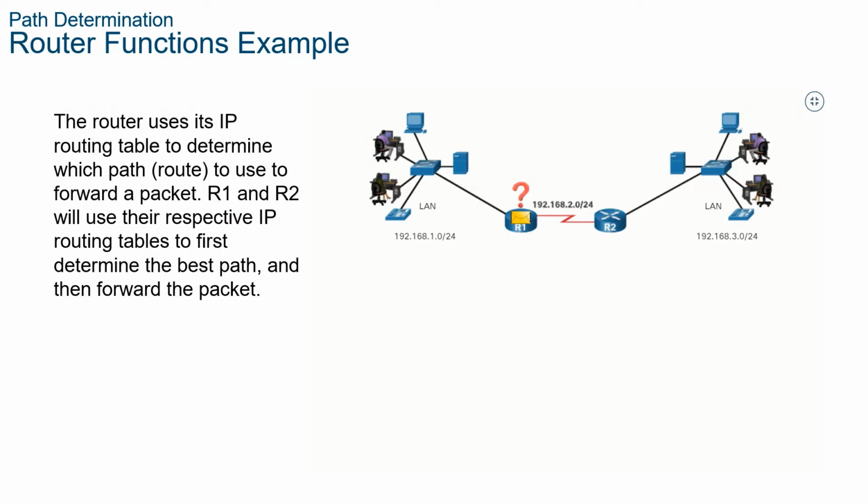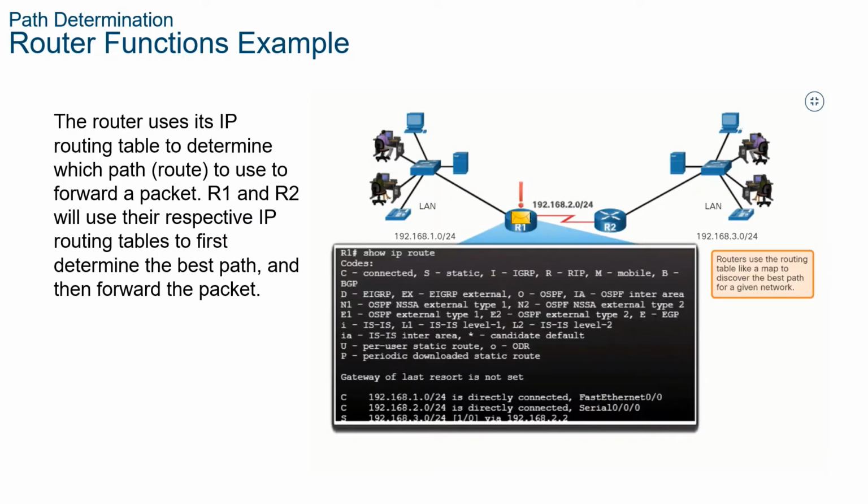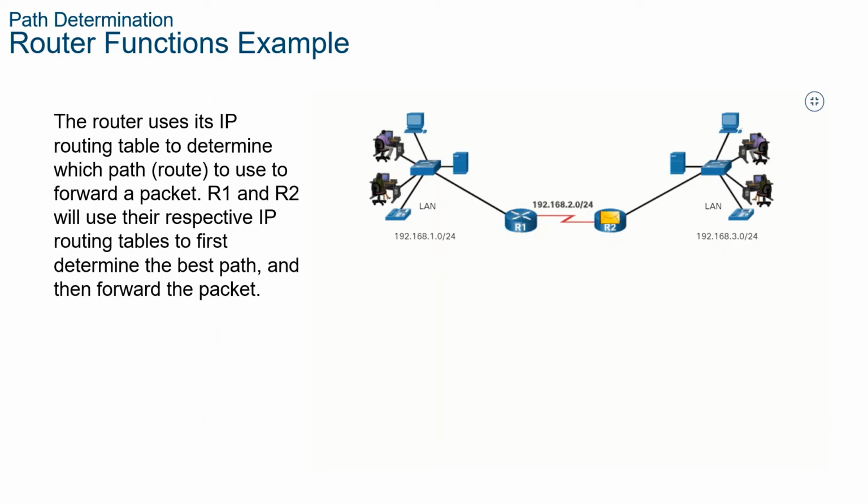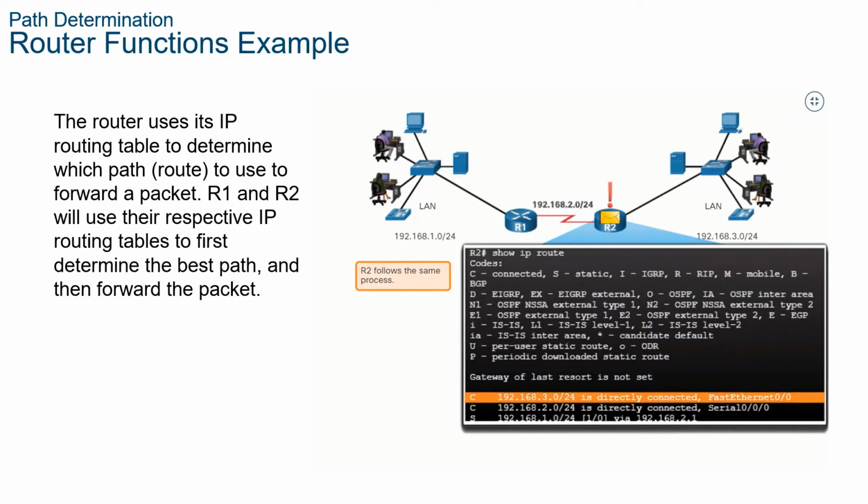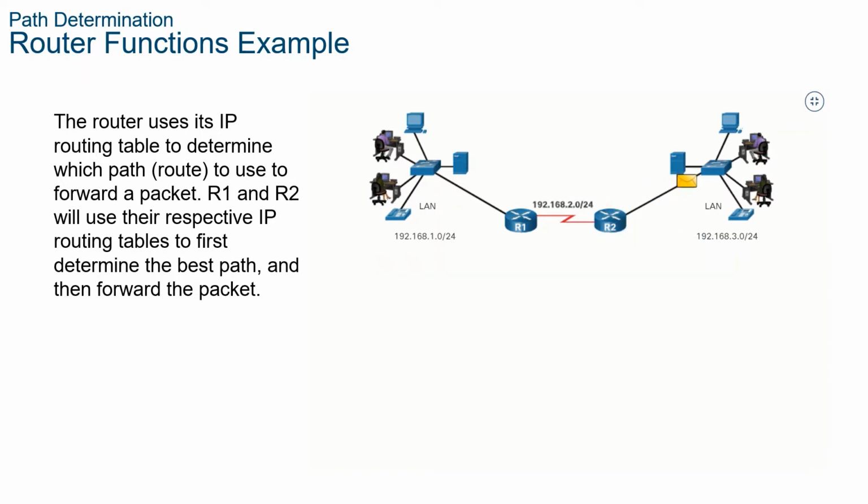Now I have here an example, a router functions example. The router uses its IP routing table to determine which path or route to use to forward the packet. R1 and R2 use their respective IP routing tables to first determine the best path and then forward the packet. Initially, we have here the source and the destination.